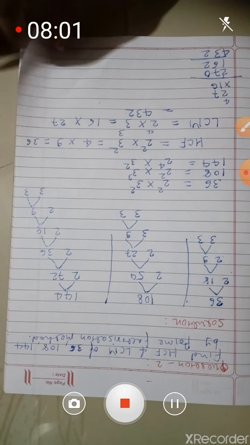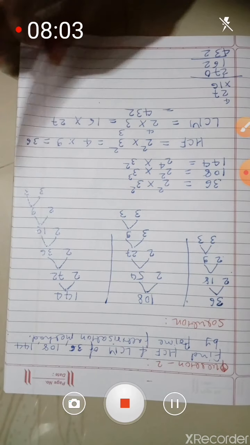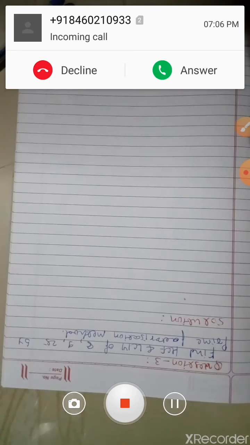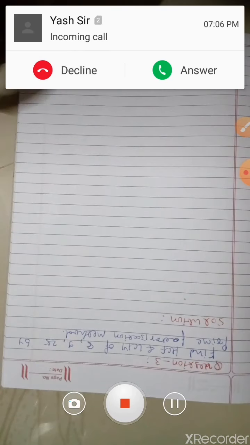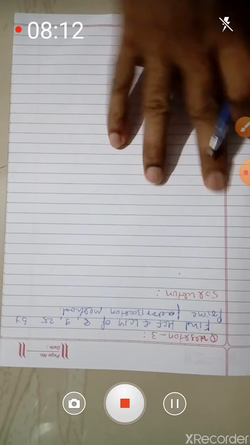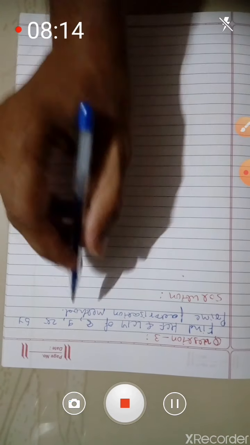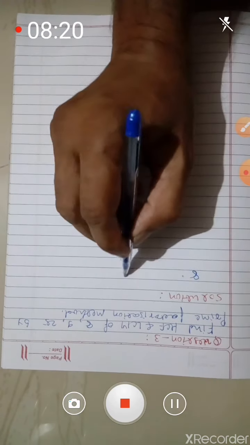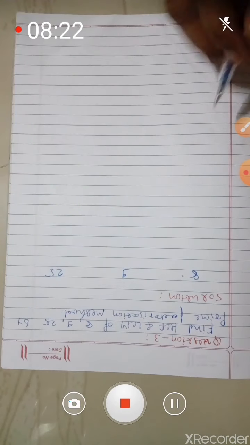Okay, now another one. Now find HCF and LCM of 8, 9, 25 by the prime factorization method. So 8, 9, 25. Now we go first.